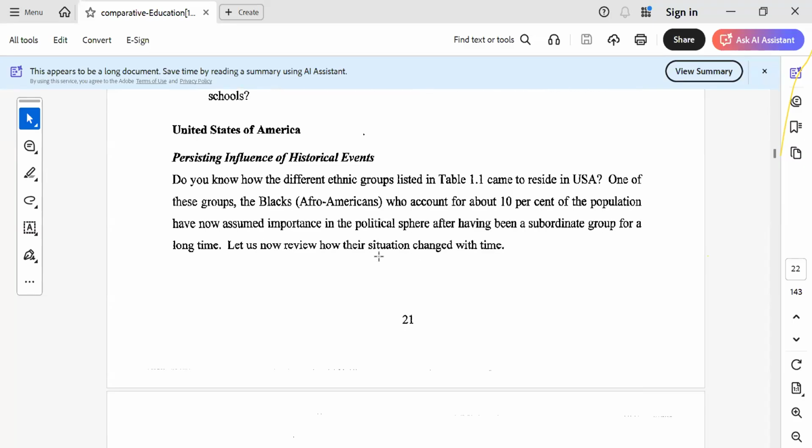So what type of ethnical situation up to 1996, right? So now we are going to learn about the United States of America. Do you know how the different ethnic groups are listed in table 1? We'll see that, right?